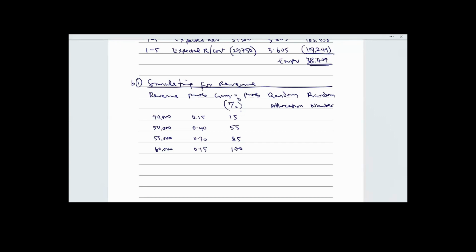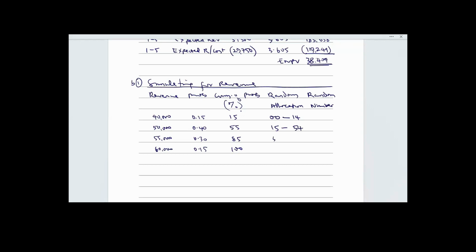So I need to determine the random allocation, using your cumulative probability. 1 minus 15 gives 14. After 14 is 15. 1 minus 55 gives 54.